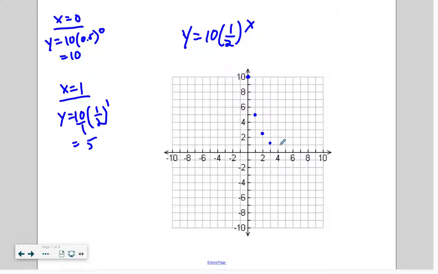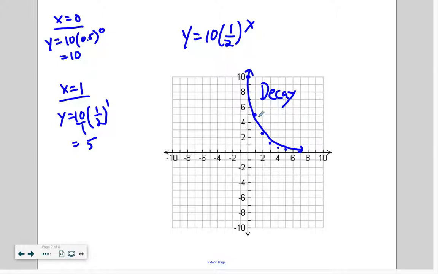And half of 1.25 is 0.625, which let's say is right about there. So as you can see, I'm just doing half of the previous value, and it's getting closer and closer to 0. I'm decreasing as I move from left to right. That means this is exponential decay.